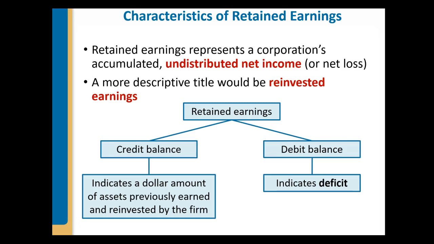A credit balance in this account indicates a dollar amount of assets previously earned by the firm but not distributed as dividends to shareholders. So we refer to a debit balance in retained earnings as a deficit. Microsoft reported a deficit for several years until retained earnings grew to a positive balance in 2013.